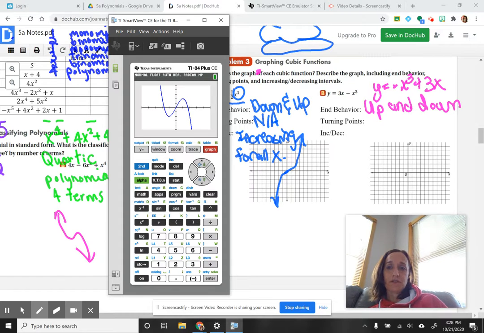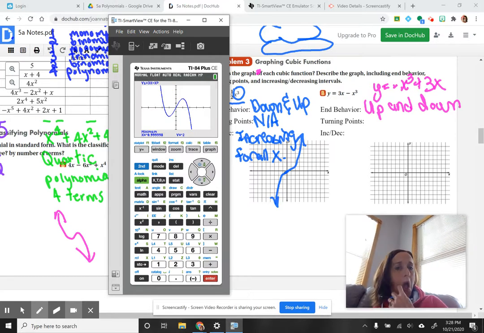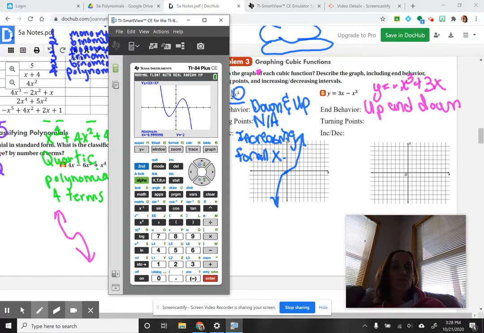All right, so that looks pretty good. And in terms of the turning points, let's go second calc. We're going to find a minimum. Enter. Enter. I'll get a little closer. Okay, so that's really 1, -2.